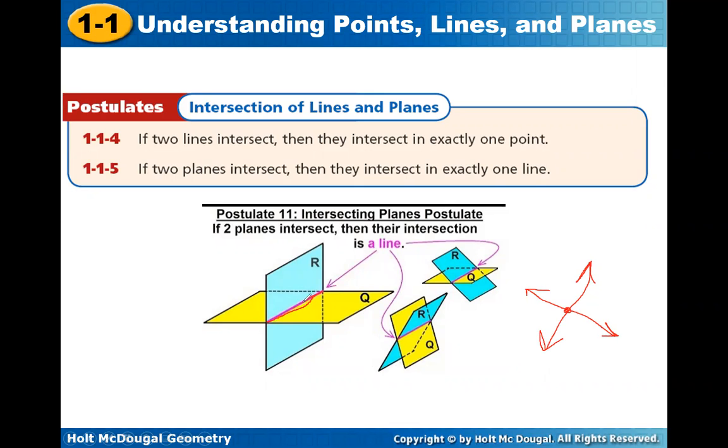Well, for 1-1-5, if two planes intersect, they intersect at exactly one line, right? So this is a line. You can kind of see where these two planes are intersecting. If you're having a harder time, I would recommend grabbing two pieces of paper and trying to see if you can see that line, okay? See if you can cut one of the pieces of paper and intersect the two. See if you can find that line, all right?